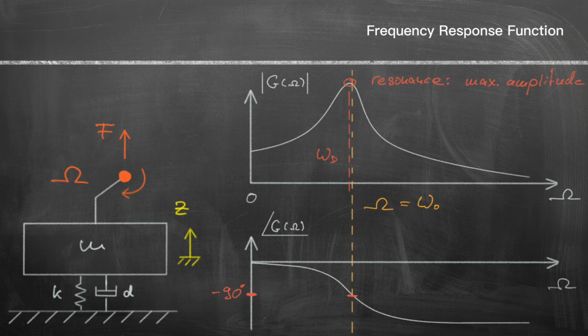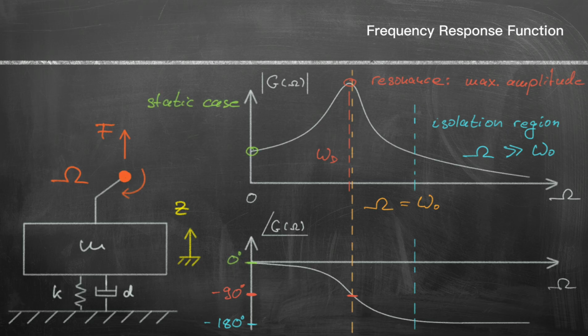For excitation frequencies much higher than the eigenfrequency, we are in the so-called isolation region or decoupling region. In this region, the inertia of the system can no longer follow the high-frequency excitation, and the system response becomes smaller and approaches zero as capital omega approaches infinity.